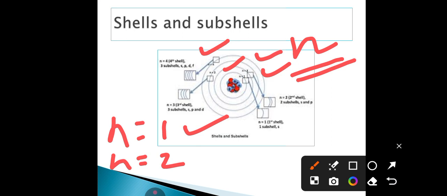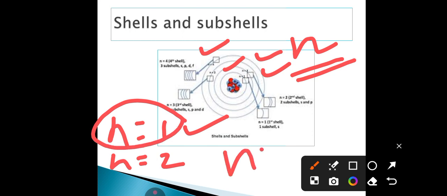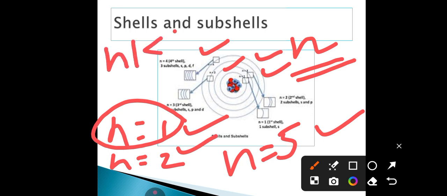How does the energy change? Very simple. n1 has the least energy, and n5 has the highest energy. So n1 energy is less than n2, n2 energy is less than n3, and so on.